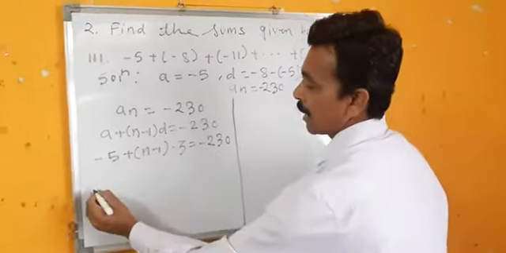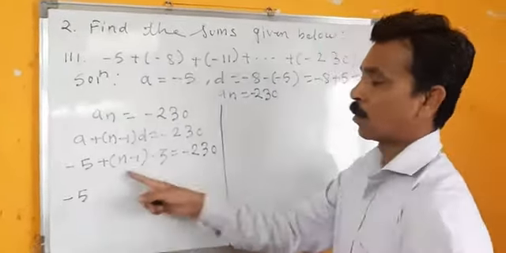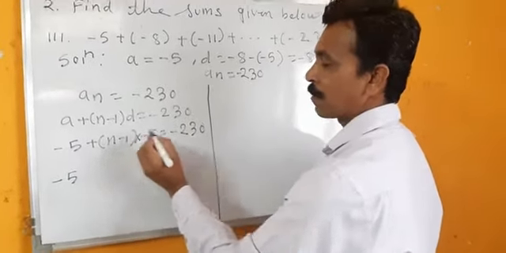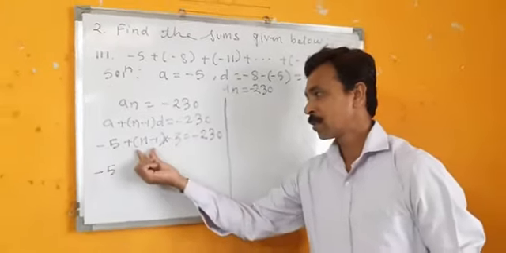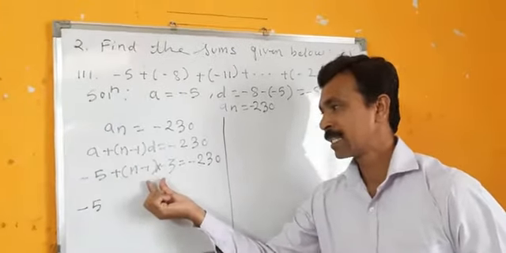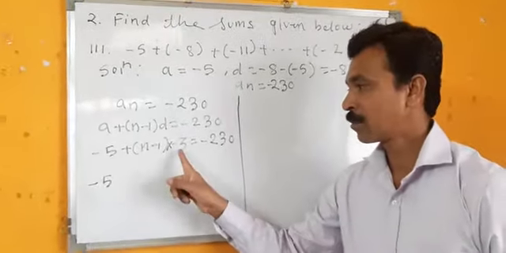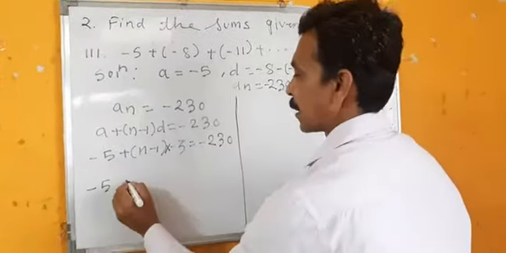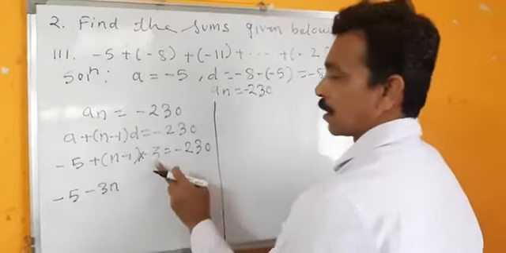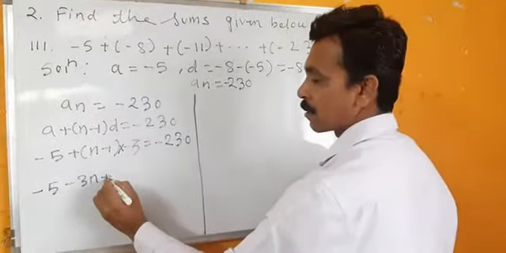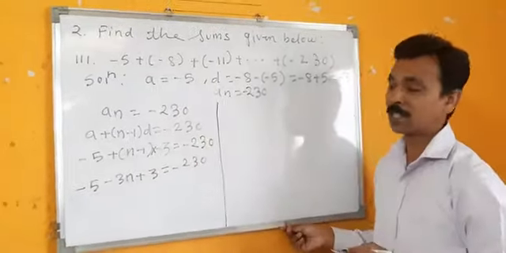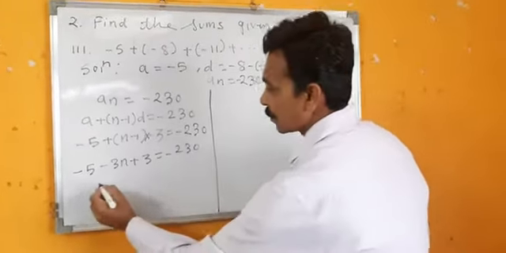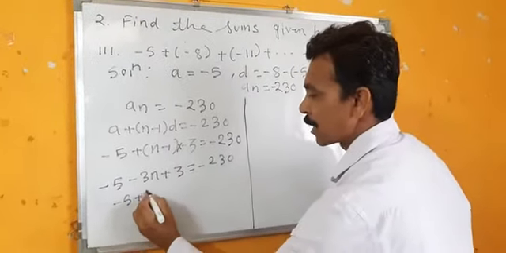Now minus 5. Open this bracket. This is into, keep in mind, because whenever there is no sign between two terms, it means multiplication. Minus 3 into plus n is minus 3n. Minus 3 into minus 1 is plus 3, is equal to minus 230. Minus 5 plus 3.